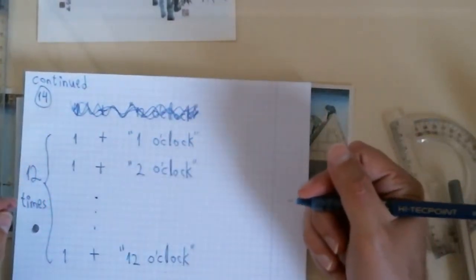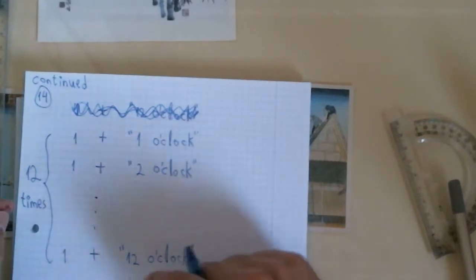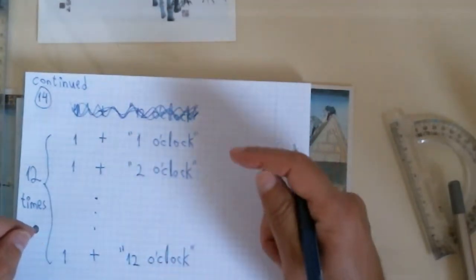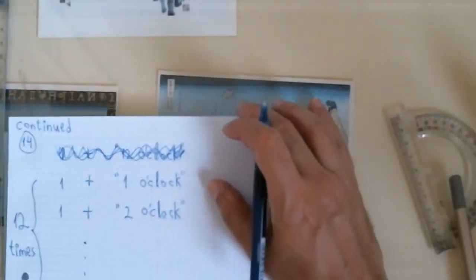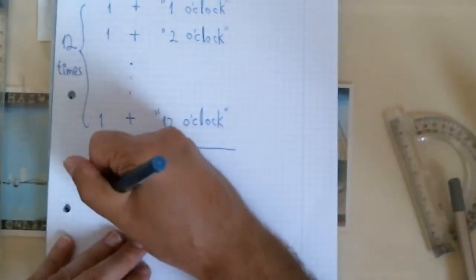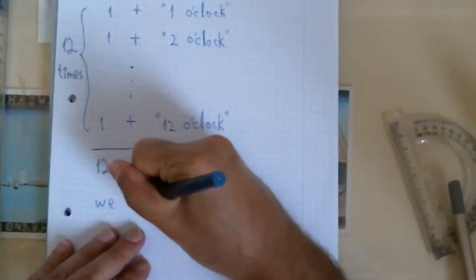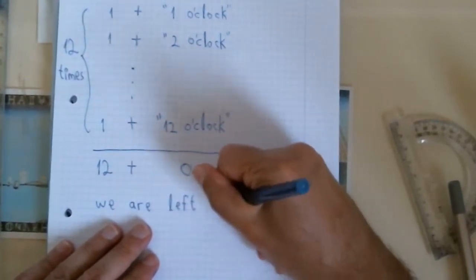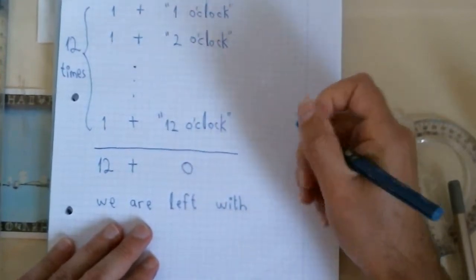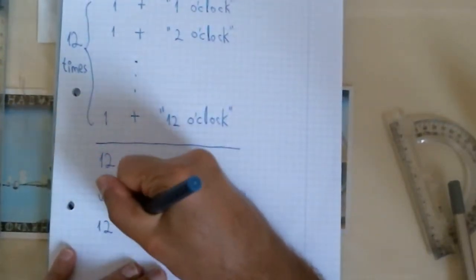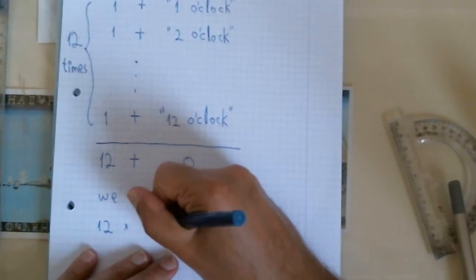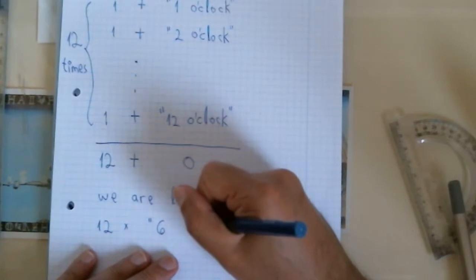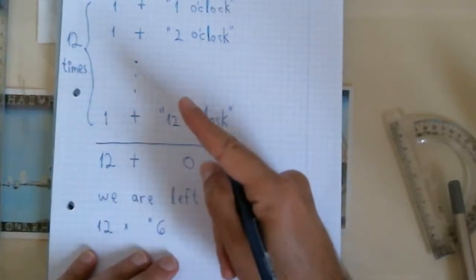So what we have is 12 times the distance 1 upwards. We are left with 12 times the vector 6. Well, it's not the vector 6, it's the opposite of vector 6.